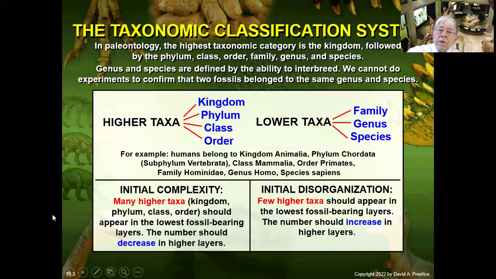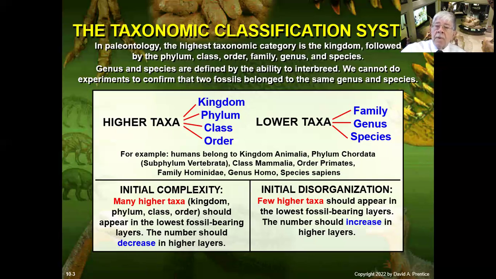Now, according to creation, initial complexity, many of the higher categories, the kingdom, phylum, class, order, and so forth, should appear in the lowest fossil-bearing layers. The numbers should actually decrease in higher layers due to extinction. According to evolution, initial disorganization, there was one living cell that belonged to one species, one class, one order, one phylum, one genus, and so forth.